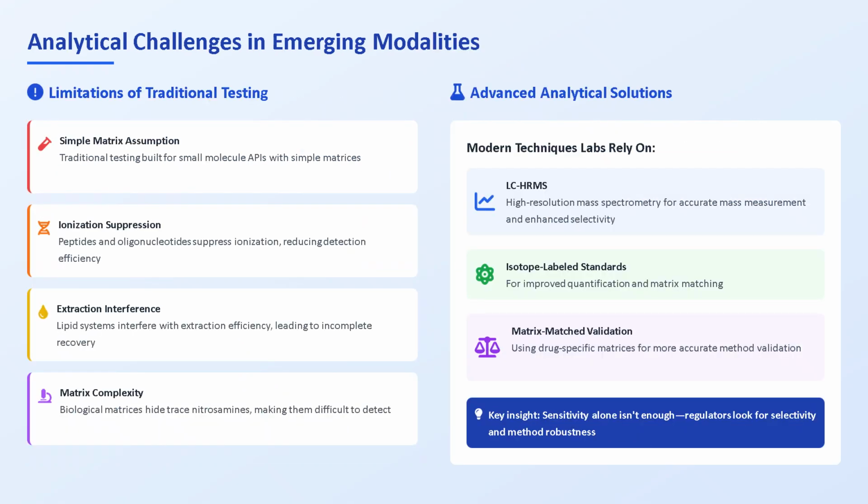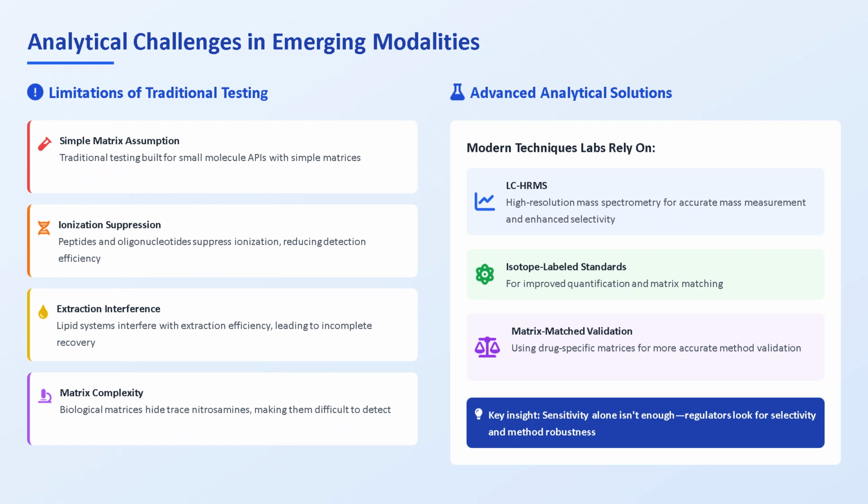Traditional nitrosamine testing wasn't designed for these systems. Peptides and oligonucleotides suppress ionization, making trace detection harder. Lipid systems interfere with extraction, leading to poor recovery. Biological matrices hide nitrosamines behind complex backgrounds.